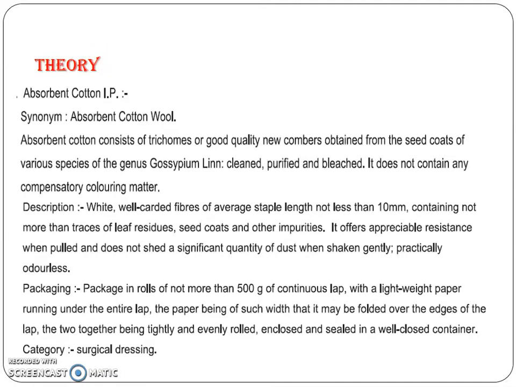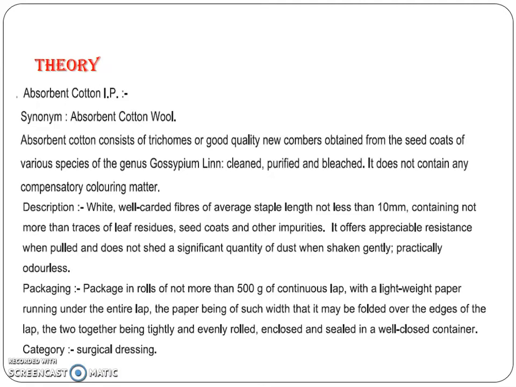Now before that we'll see the theory. Absorbent cotton IP. Synonym is absorbent cotton wool. Absorbent cotton consists of trichomes or good quality fibers obtained from the seed coats of various species of genus Gossypium. Clean, purified and bleached. It does not contain any coloring matter.